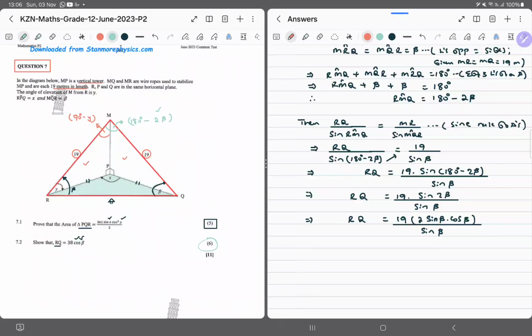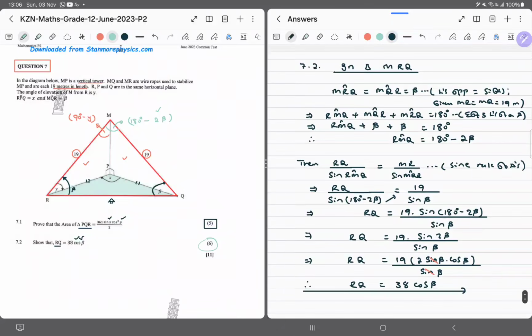Now RQ is equal to 19 times 2, that's 38, isn't it? Cos beta. So that is done. This was a bit of an essay.